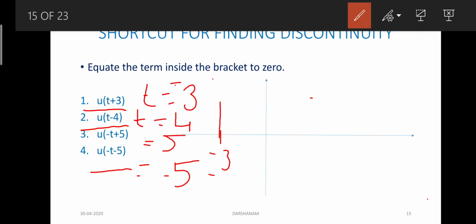The discontinuity will be at minus 3. In u of t minus 4, the discontinuity will be at 4. In the third case, the discontinuity will be at 5. And in the fourth case, the discontinuity will be at minus 5.